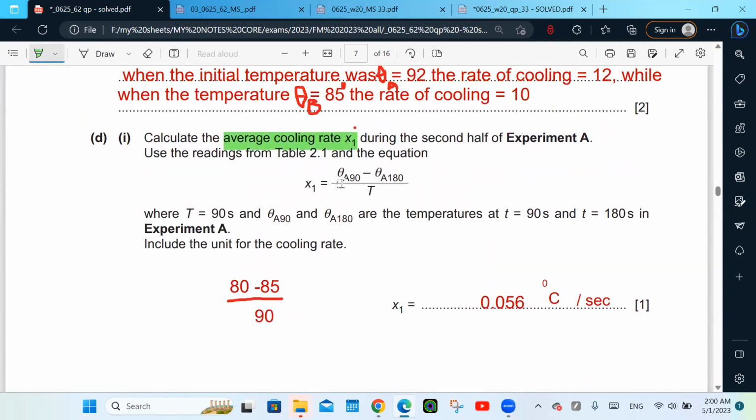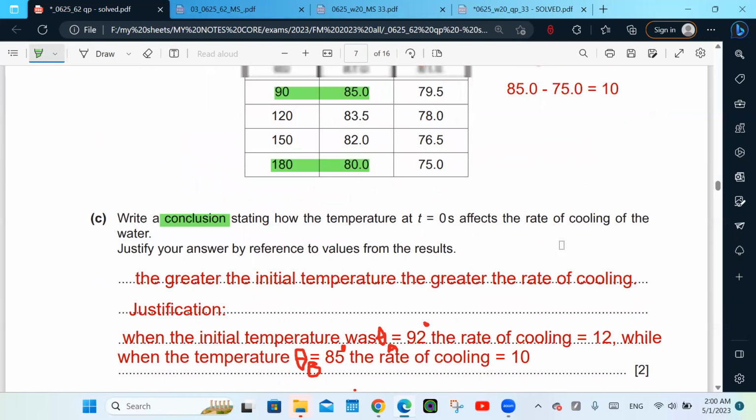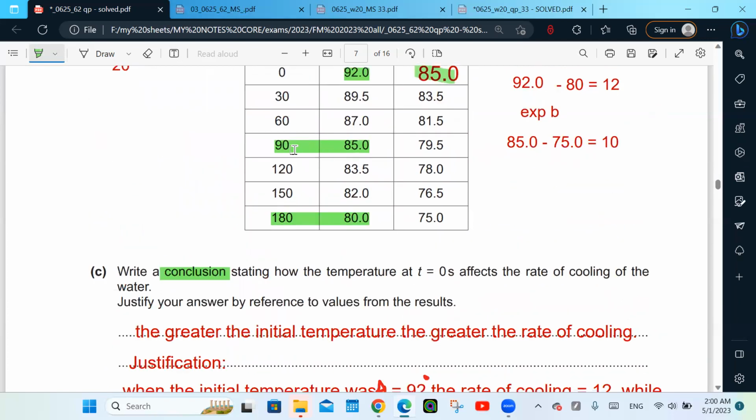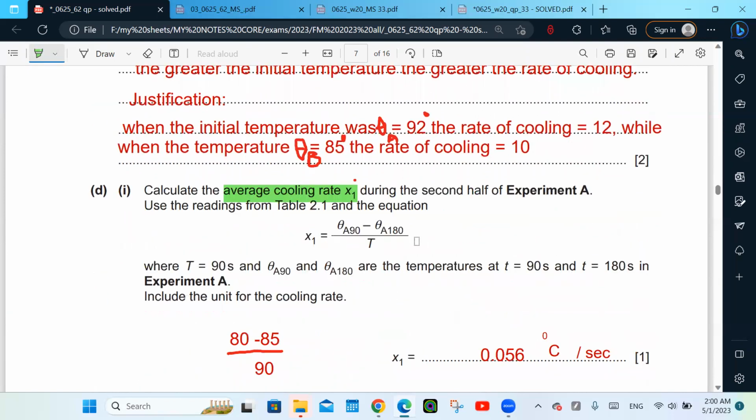So X1 is equal to theta for this duration as given in the question. It says to calculate the average cooling rate during the second half of the experiment, when we start from 90 seconds until we reach 180 seconds.